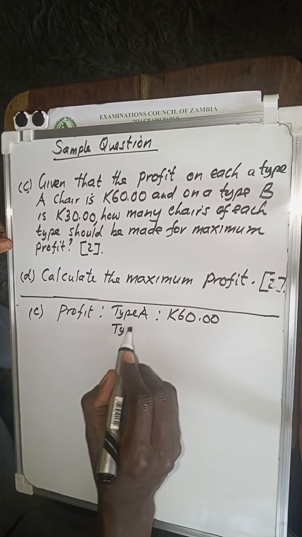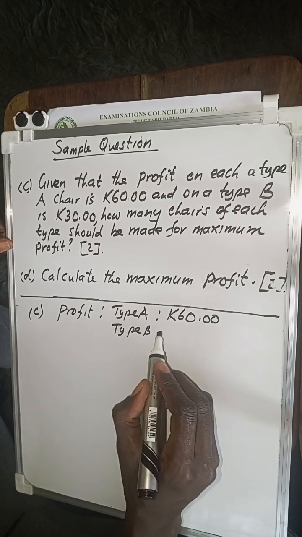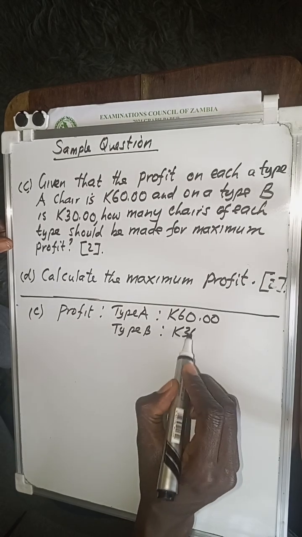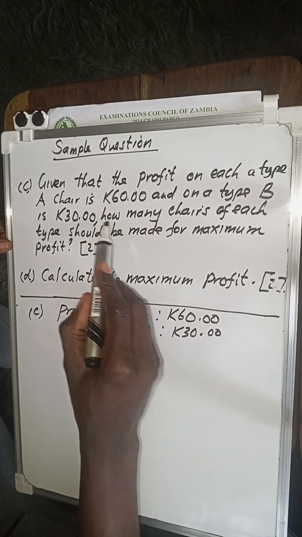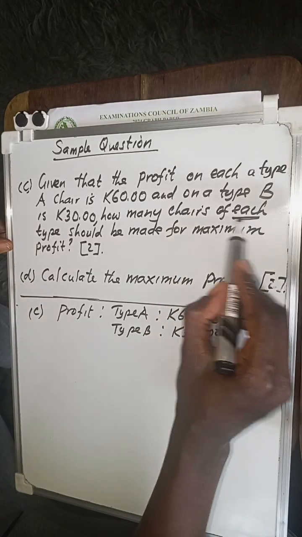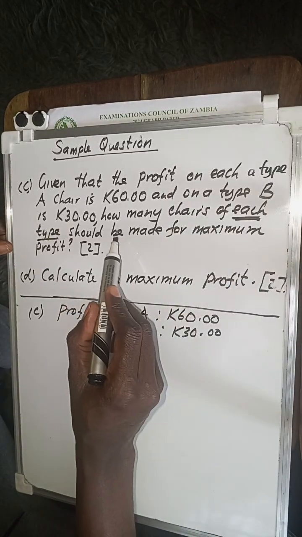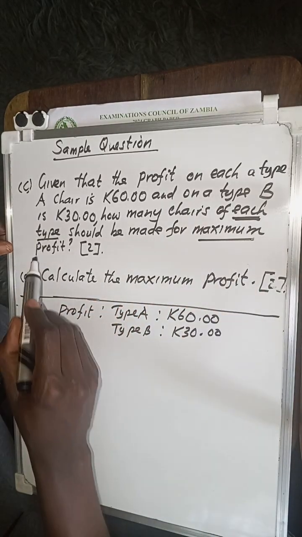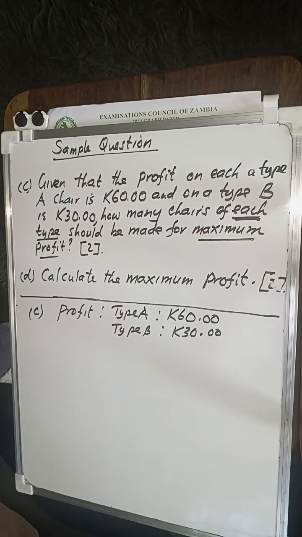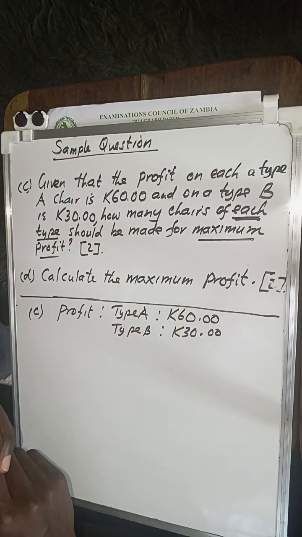And the profit on type B that they are getting is simply 30 kwacha. So then it says how many chairs of each type should be made for maximum profit. So in order to maximize his profit, how many of each type should he make?